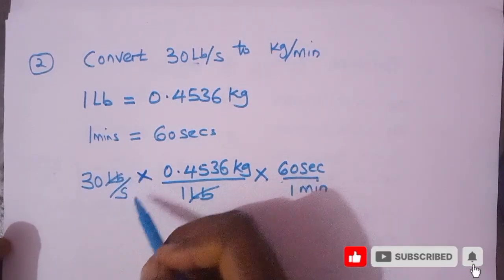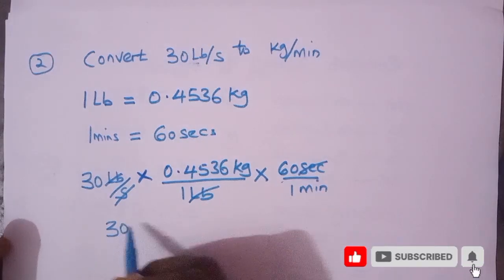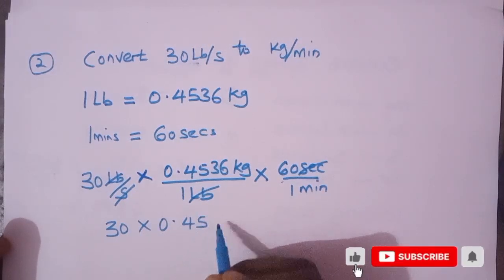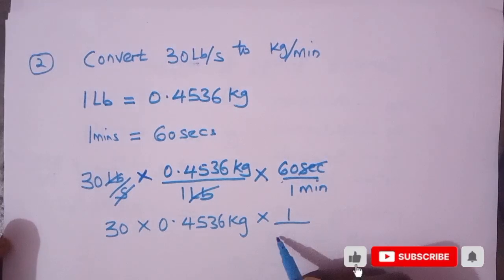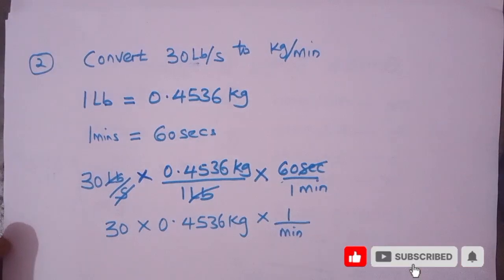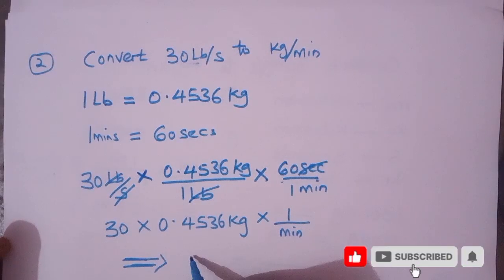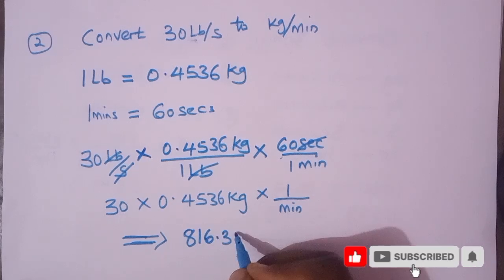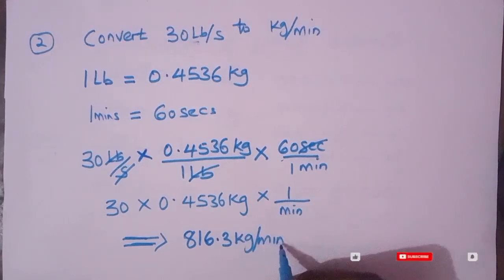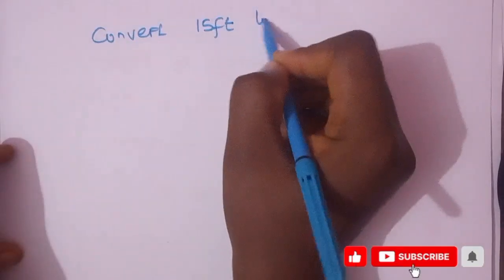This will cancel this, seconds will cancel itself, so we are left with 30 multiplied by 0.4536 kilogram multiplied by 60 over minute. So if we multiply everything together, we have 816.3 kilogram per minute.